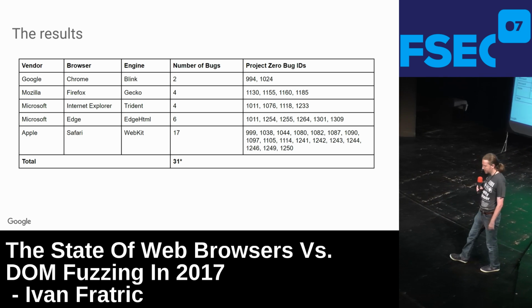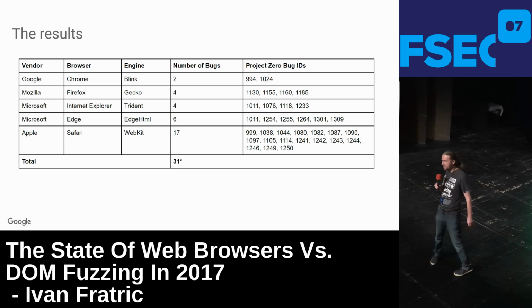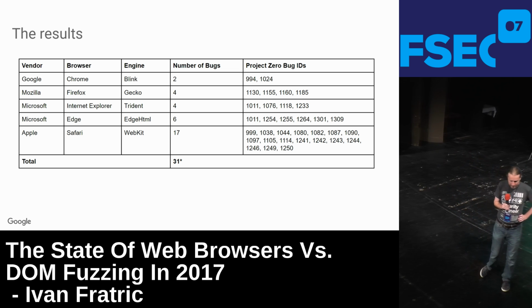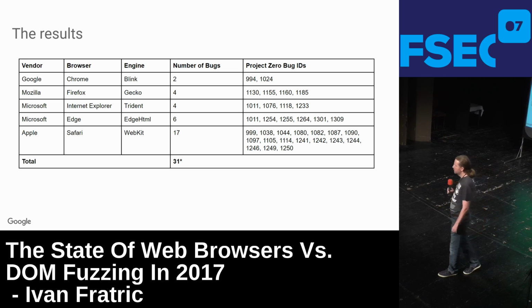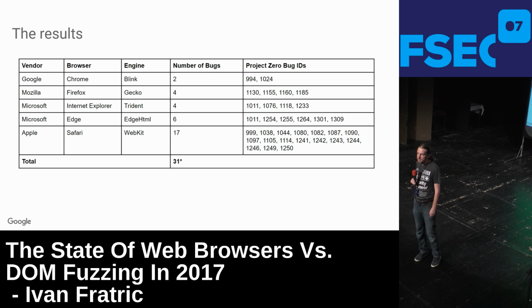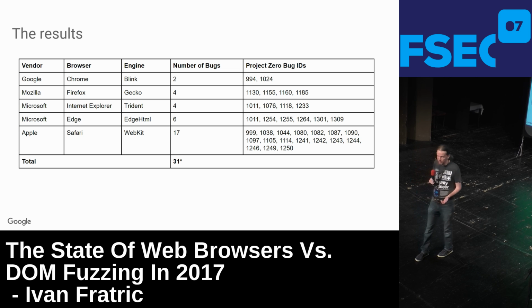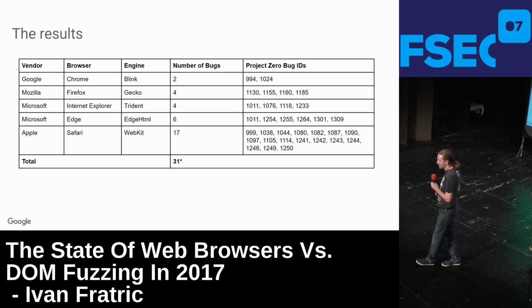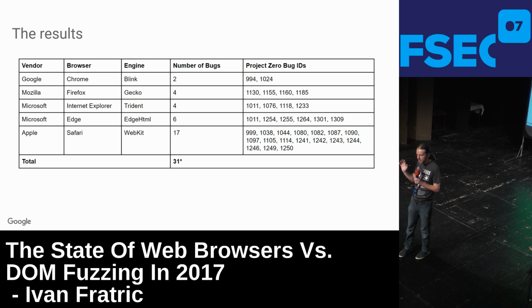On the other hand, there is a browser that clearly stands out from the rest in terms of number of bugs, and that is Apple Safari, its WebKit DOM engine. That is interesting for several reasons. One of those reasons is that we know that advanced attackers are very much interested in Apple's platform. And the other reason is that up until a couple of years ago, Chrome and Safari used the same DOM engine, which was WebKit.